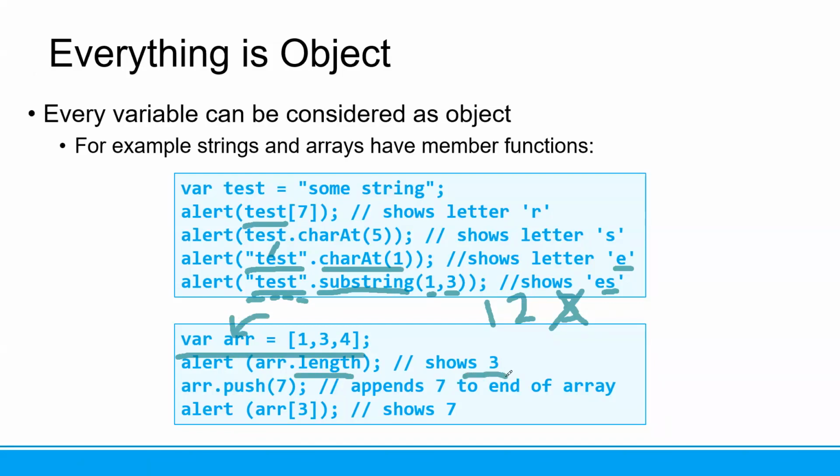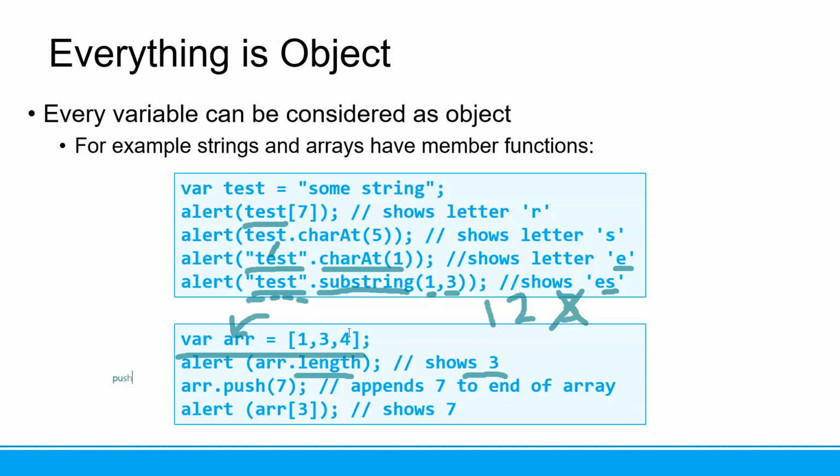And for every array, we use the common data structure, which is stack, to handle the array insertion and deletion. So if it is push, it means I want to append. I want to add one element. So I already have 1, 3, and 4. I want to push 7.